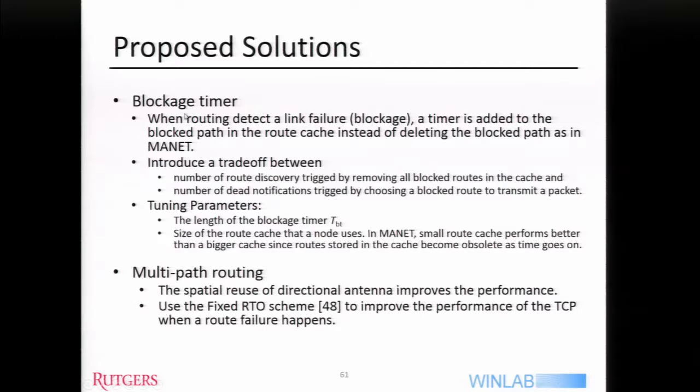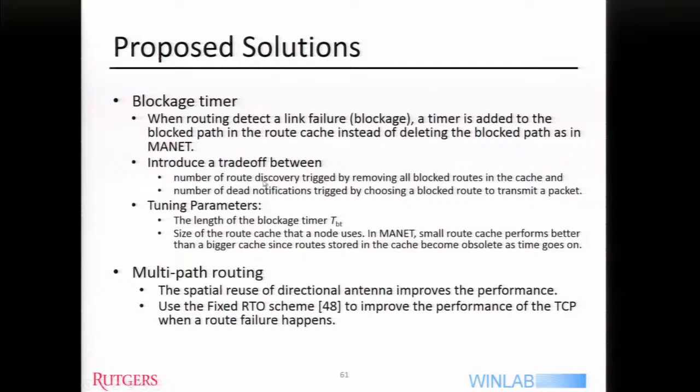But here in the 6 GHz, we know that after a few seconds, this route may become available again, so why delete that route? So we introduce a blockage timer. When we detect a link blockage, we mark a label for this route: this route cannot be used for 2 seconds, and after 2 seconds, we can reuse that route again.